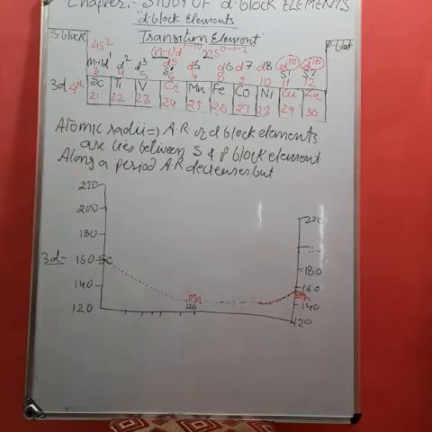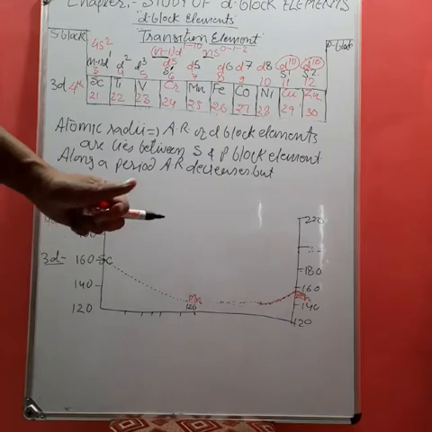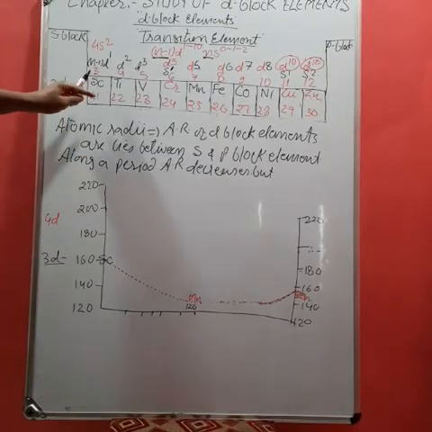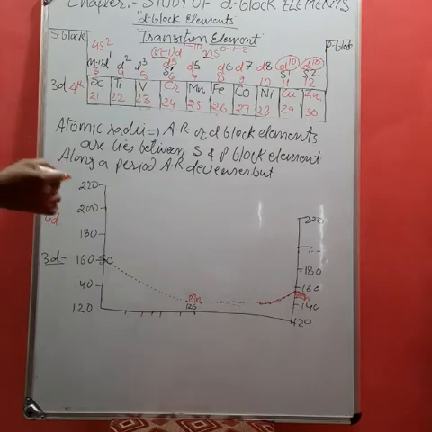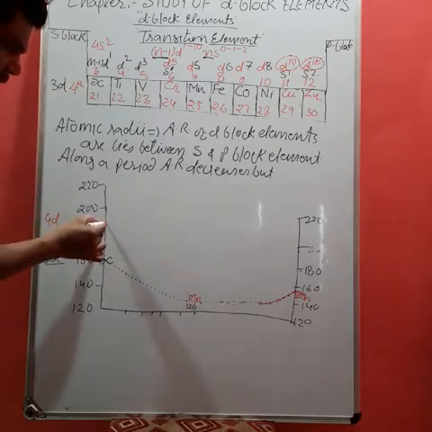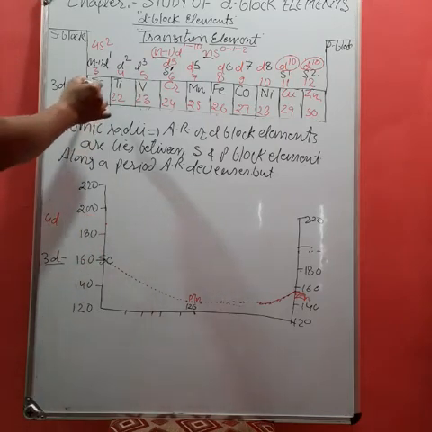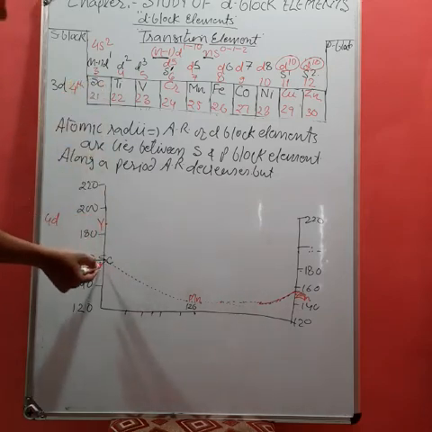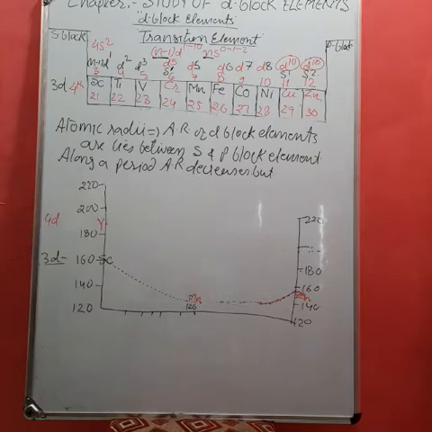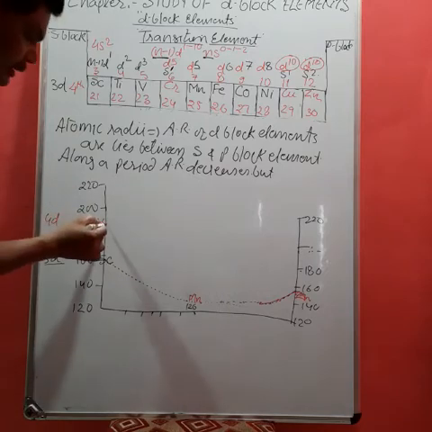The same trend is observed for 4D series. Now student, what about 4D series? The 4D series means one period is added, that is, one shell is added. So being one shell is added, now the atomic size from scandium to yttrium is bigger as compared to 3D series, but the same trend is observed.